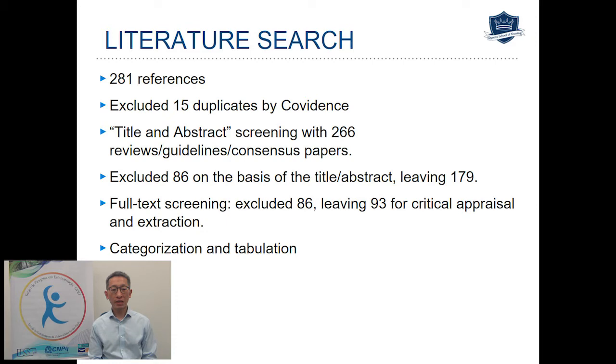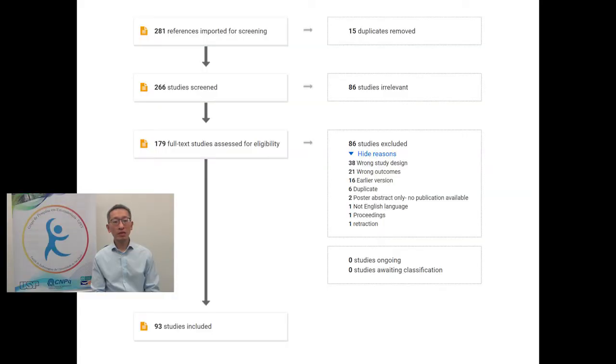Then of course we go through each individual paper with at least 2 reviewers and assessors to extract all the information and tabulate it in a table in order to do a better summary. So this is a PRISMA diagram to indicate, step by step, how we, over time, eliminate some of the irrelevant information and papers. At the end, we come up with 93 studies in this umbrella review.